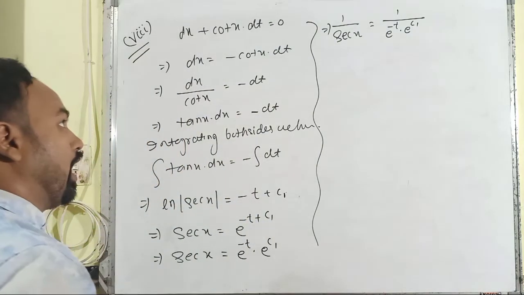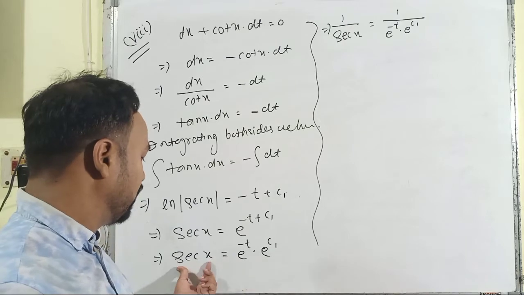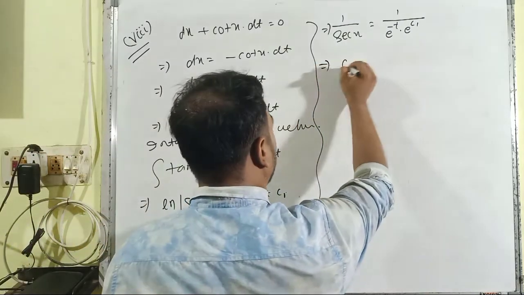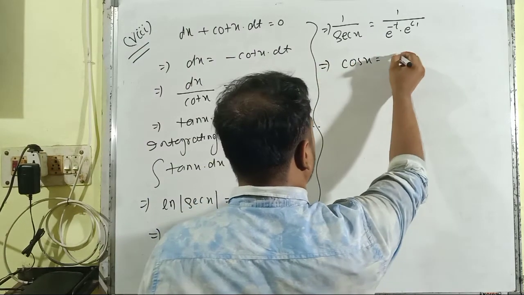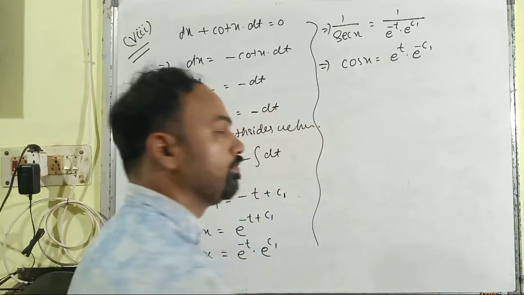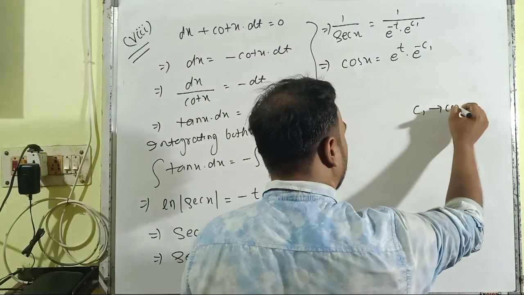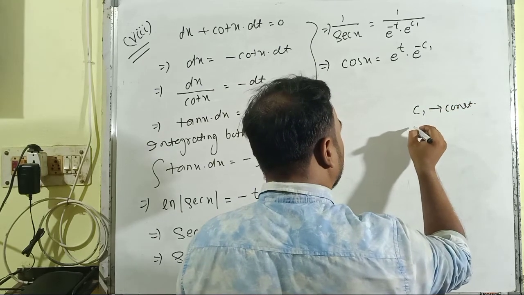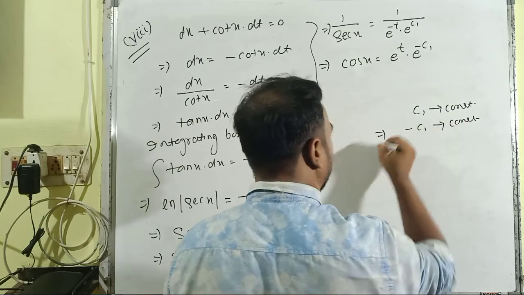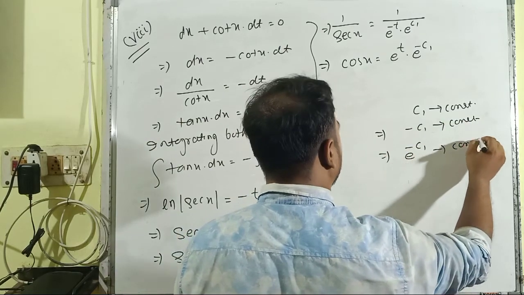I have applied the reciprocal on both sides. Then we find cos x is equal to e to the power t and then e to the power minus c1. But as c1 is a constant, minus c1 will also be another constant. That implies e to the power minus c1 is also another constant.